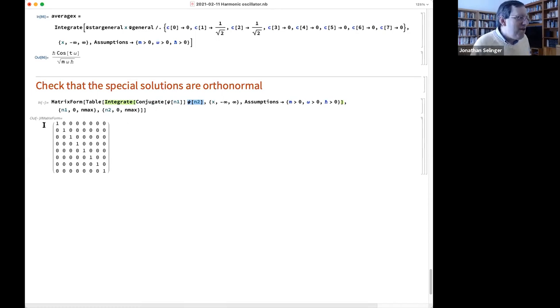And sure enough, it checks out. If we have psi 0 times psi 0, that integrates to 1. If you have psi 1 times psi 1, it integrates to 1. If you have psi 0 times psi 1, it integrates to 0. Any product of different size integrates to 0, and any product of the same size integrates to 1. So that is a very handy trick.